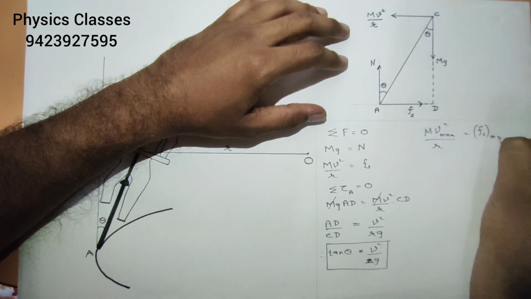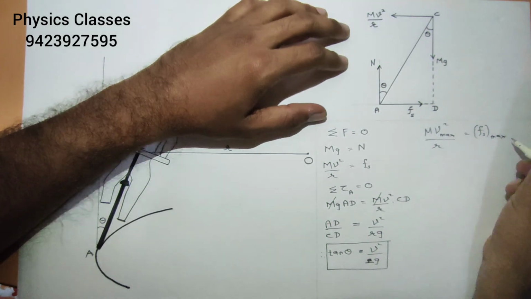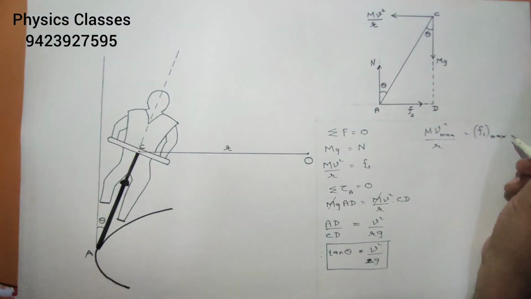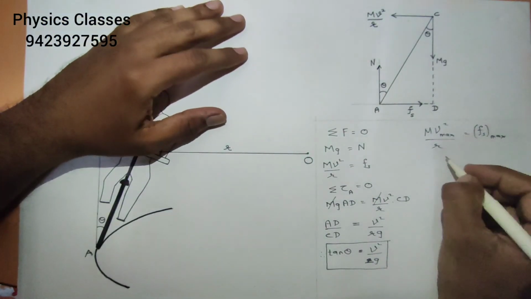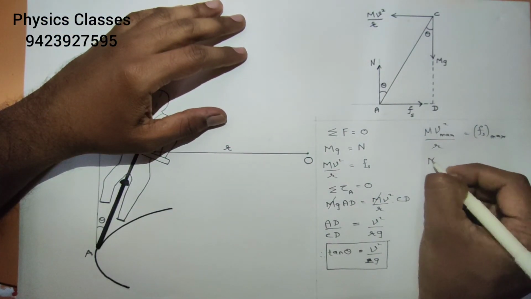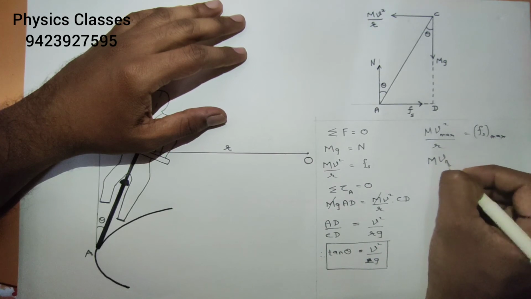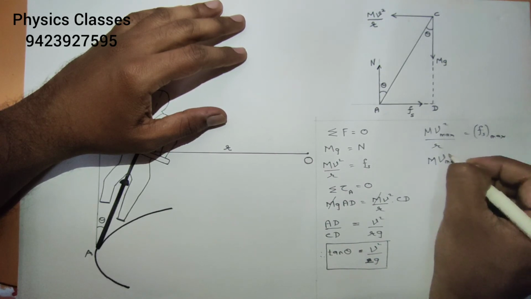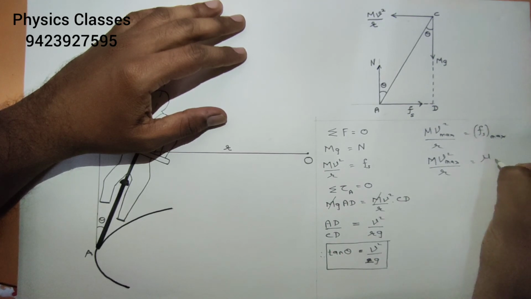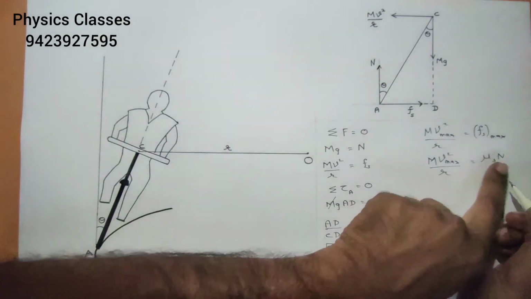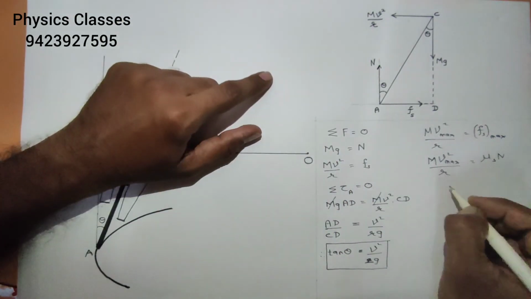And how much is Fs max? That is the maximum force of static friction. It is nothing but equal to mu s into N, that is the normal reaction. So m v max square upon r is equal to mu s into N, and N is nothing but equal to mg.